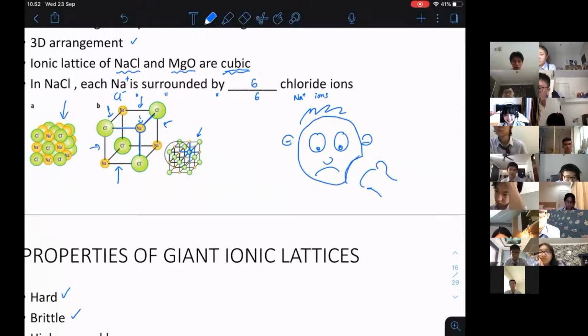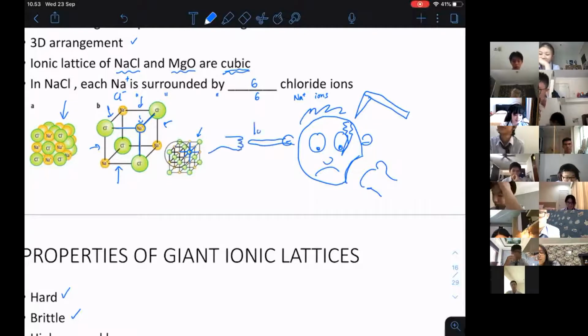Imagine you take something and hit him, and then the head will break. Or imagine you pull this guy's ears, the ears will become elongated.